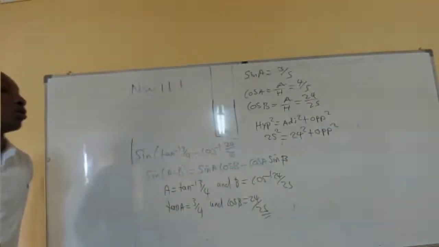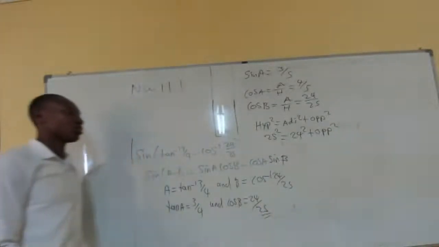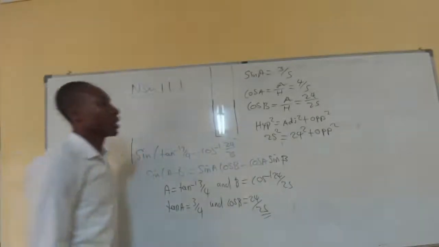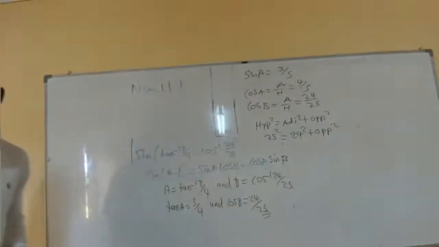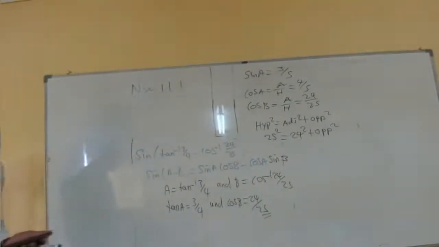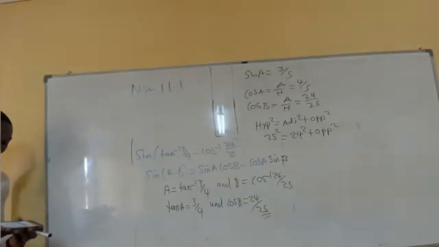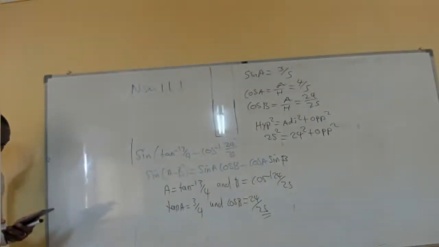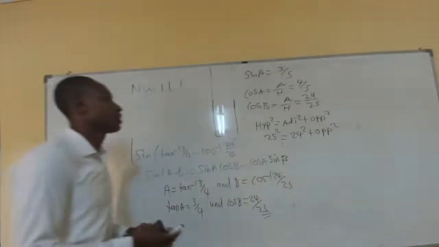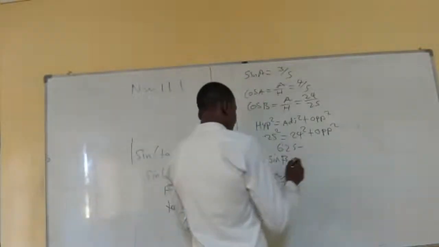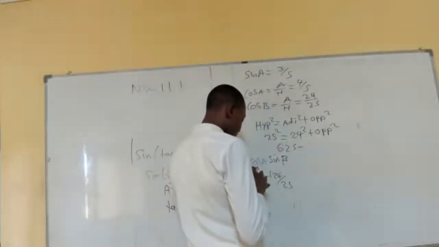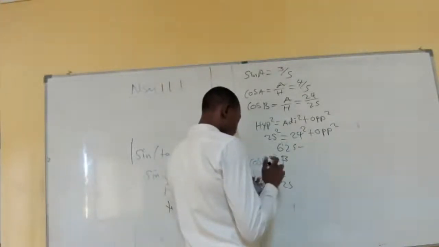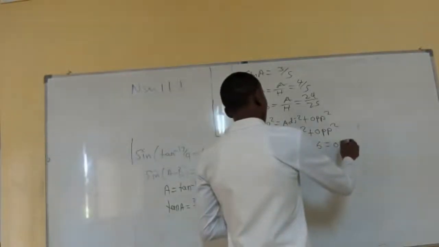So this is for theta being equal to B. We have 25 times 25, which is 625, minus 24 times 24, which is 576, and this equals opposite squared.